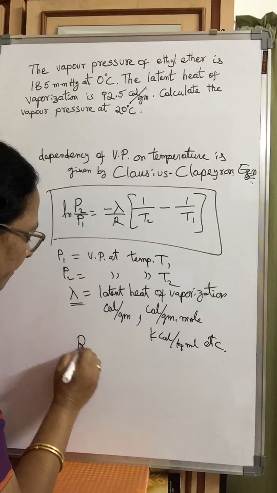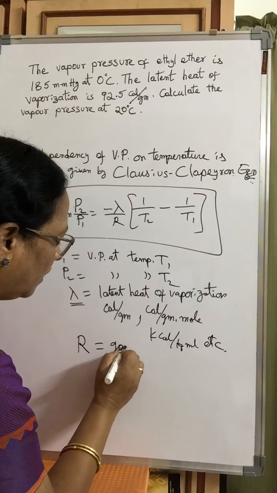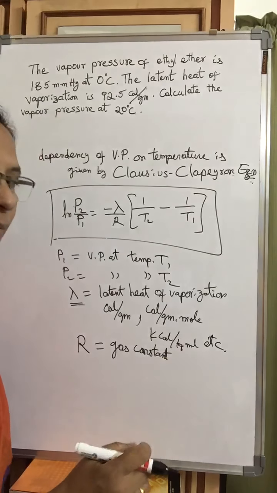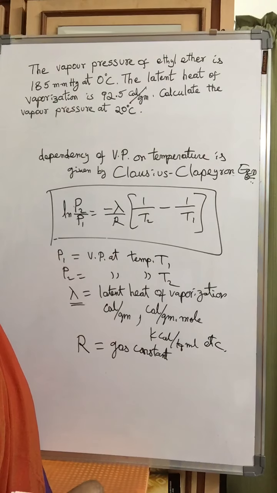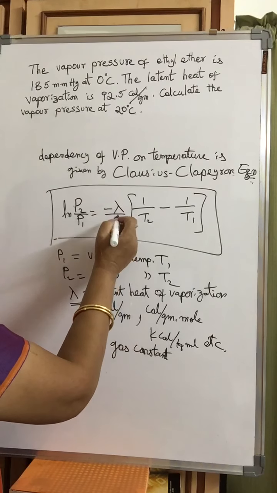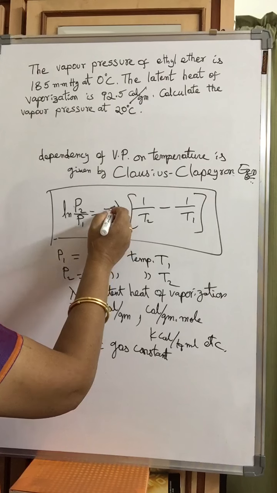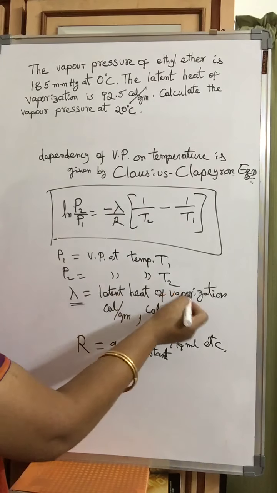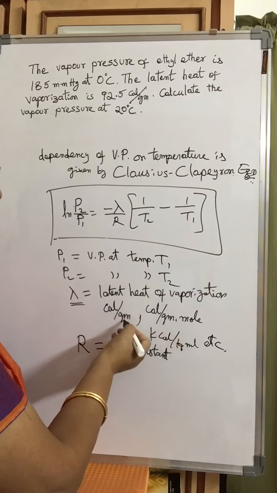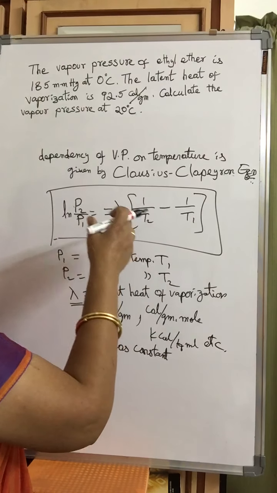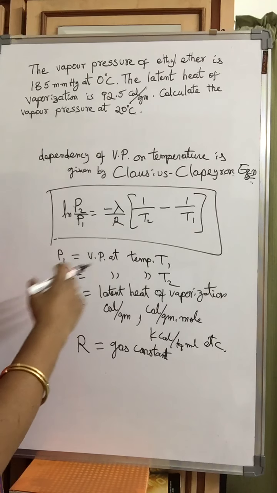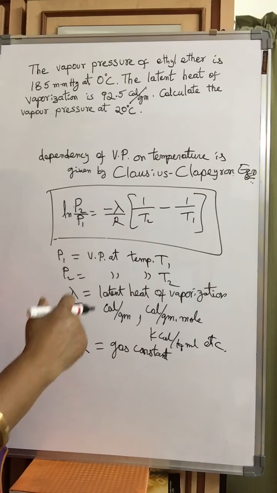Then R is the gas constant. You know many numerical values of gas constant. Here which one is required? We can see here this is calories, that is energy. Suppose latent heat of vaporization is 100 calories per gram, then 100 calories of heat energy is utilized in the transformation of liquid to vapor.